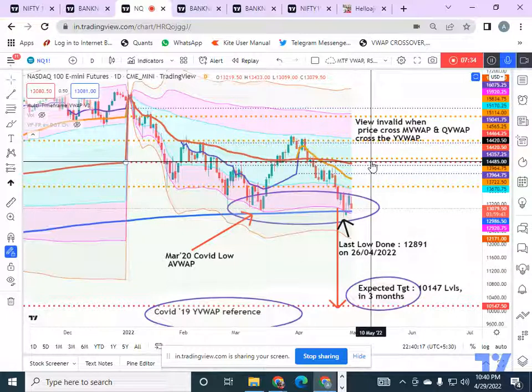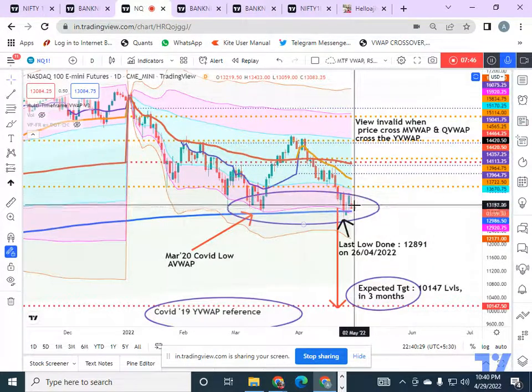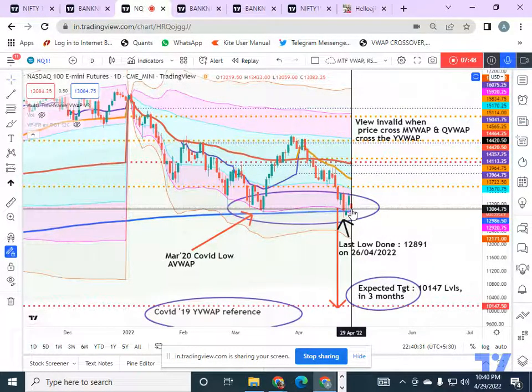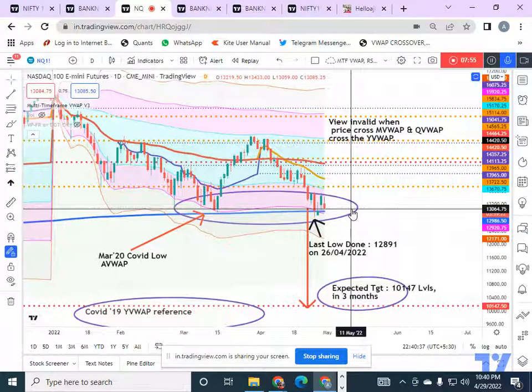Based on the present multi-time frame VWAP analysis, it is very good for bears only, not for bulls. Let us see. The current market price of Nasdaq is at 13,000 levels.